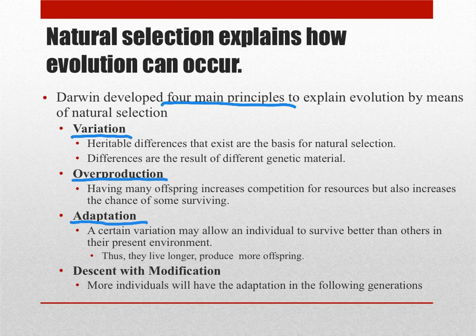Thus, they're going to live longer, and if they live longer, they can produce more offspring that would have that same adaptation passed down to those progeny. And the last thing is descent with modification. More individuals will have the adaptation in the following generations because that would give them an advantage over those organisms of the same species that didn't have this adaptation.